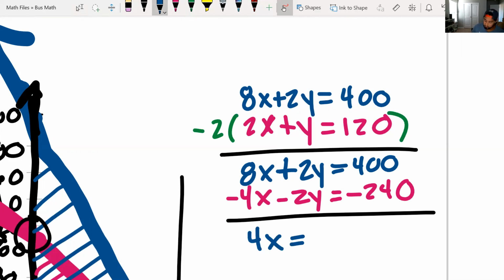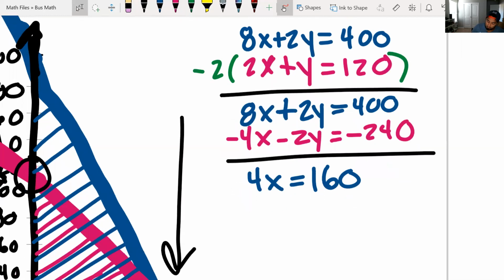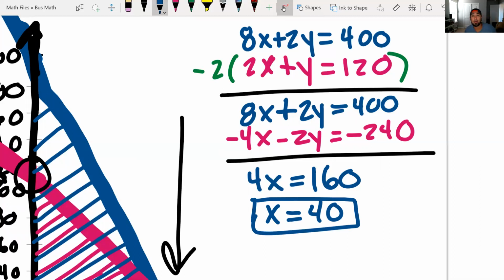We end up with 4x equal to 160, so x equals 40. Now find y.